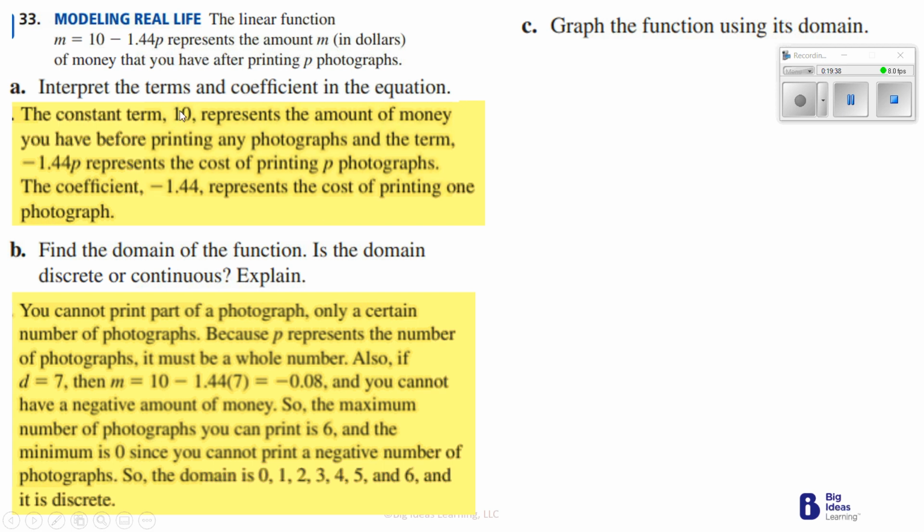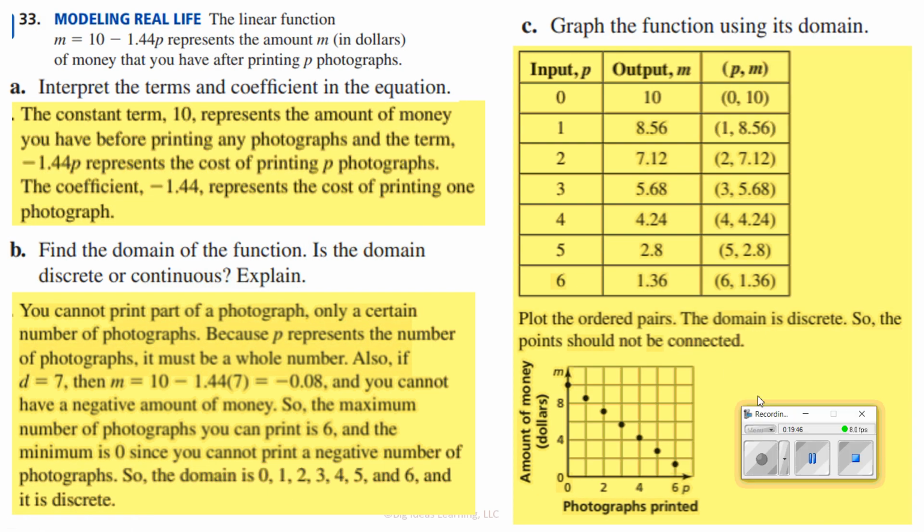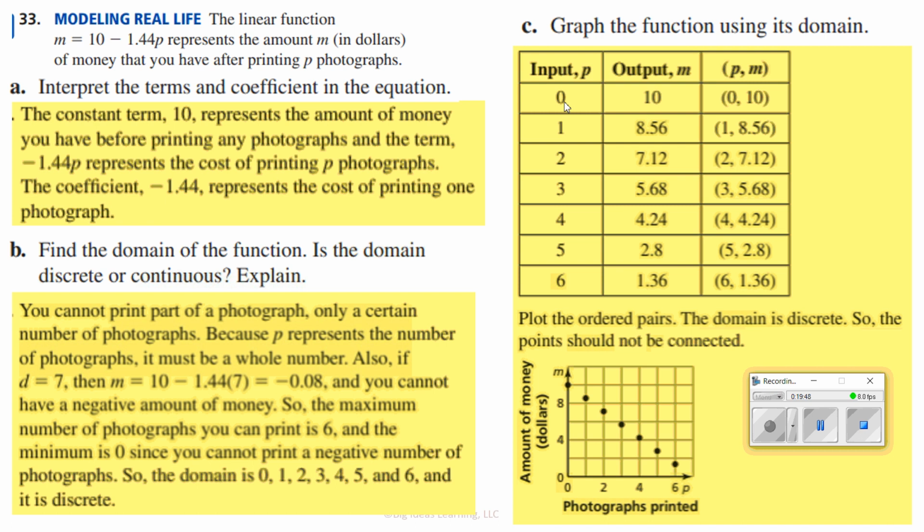All right. C says graph the function using the domain. If I take these coordinates here, when I bought 0 photographs, I still have $10 in my pocket. When I have 1 photograph, I have $8.56 left. So that's 1 and 8.56. So we're starting at $10. That's what we started with.